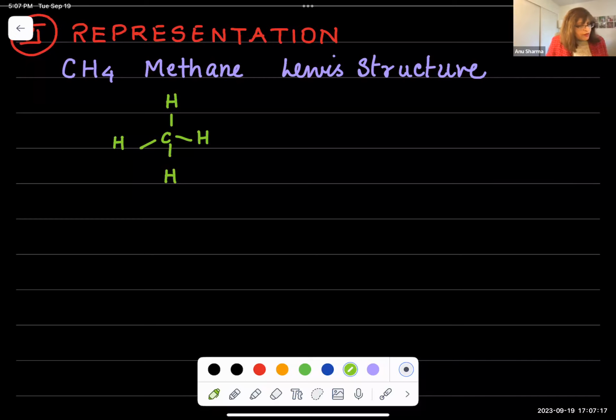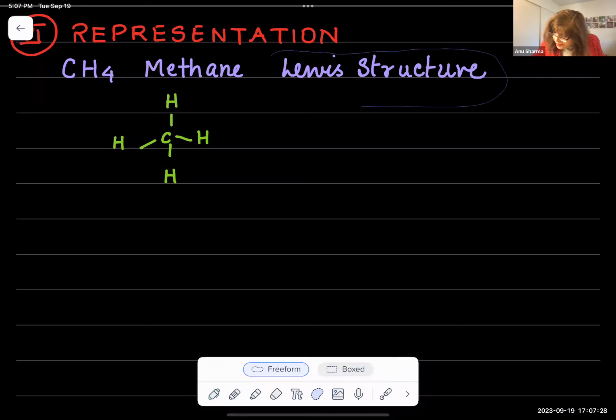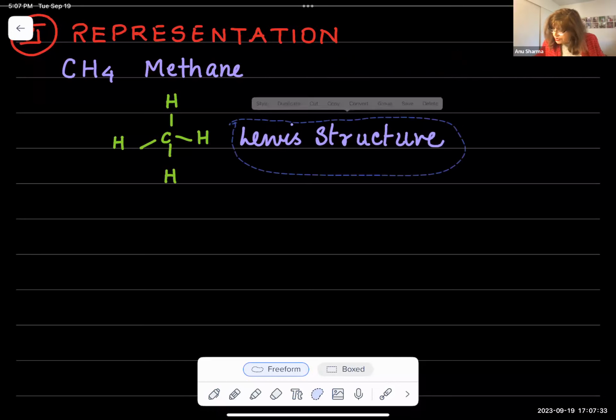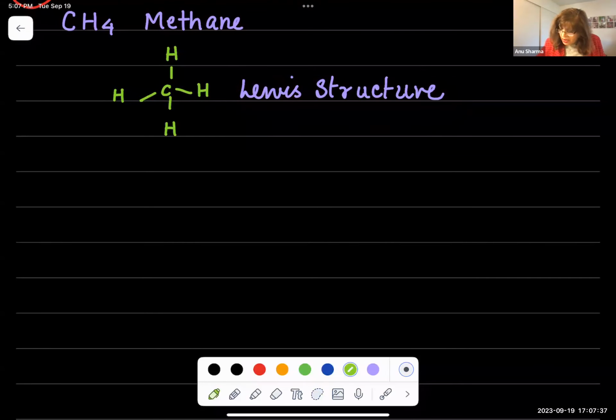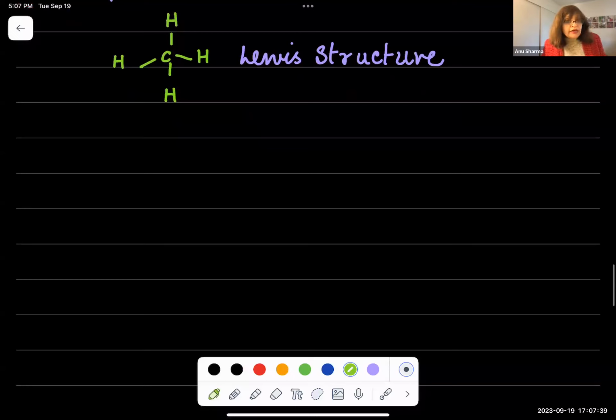But this can also be shown as the space filling model. So this is the Lewis structure. Now, how do you show the space filling model? Remember, it's in 3D. We have carbon in the middle, and it's all space filling.